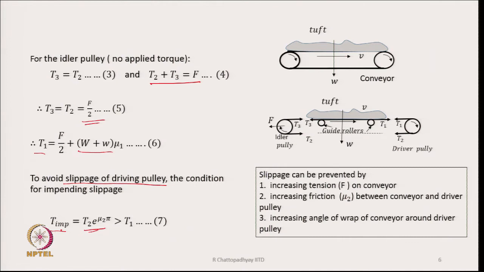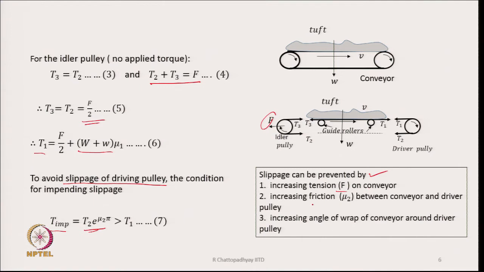Now, to prevent slippage, what are the means we have? If we look at this equation 7, we can find out how to increase the T impending value. So, T impending value depends upon what? It depends upon T2, and T2 in turn depends upon the value F. Therefore, increasing tension F will help us to reduce the possibilities of slippage.